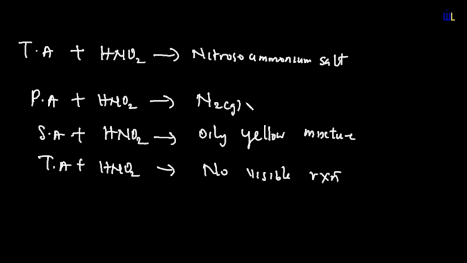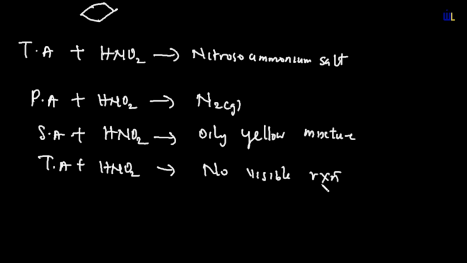Initially we said that whenever your primary amines react, if they are alkyl amines, what they are going to give are diazonium salts, which are unstable. However, the aryl amines, which are primary amines that are formed from the benzene ring.